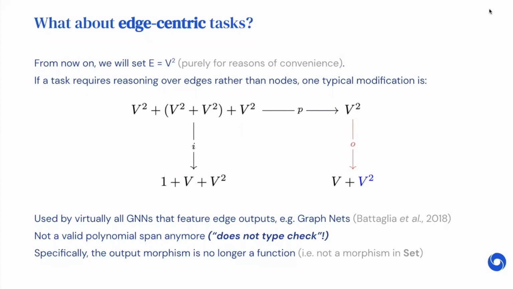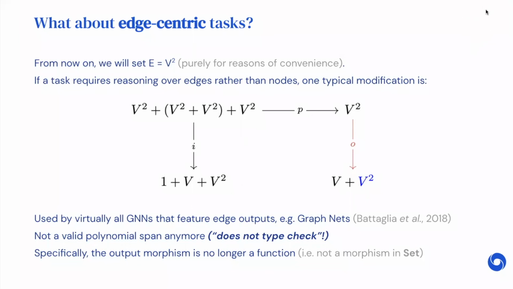And you know what 99% of graph neural networks do when they need to give edge outputs is they will just do a transformation that we see on this diagram here. So we still have a message space over our edges, but now we use it at the same time to reduce the nodes and to compute edge outputs. So the output space just gets an extra V squared, right? And this is done also in the GraphNets model that was proposed by DeepMind.